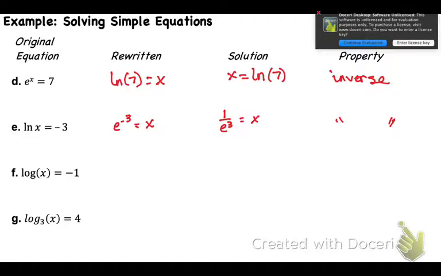Okay, try F on your own, and you can go on to G. I think F and G are pretty much the same, aren't they?